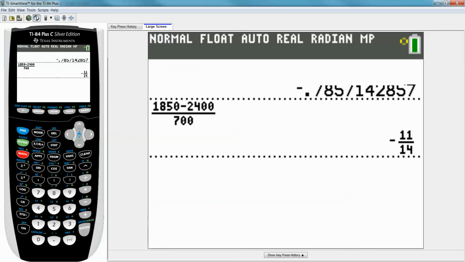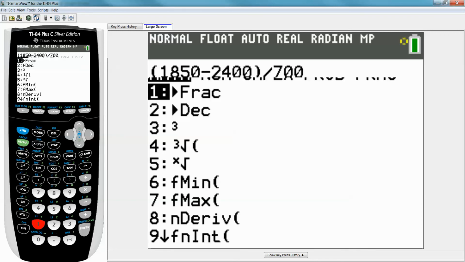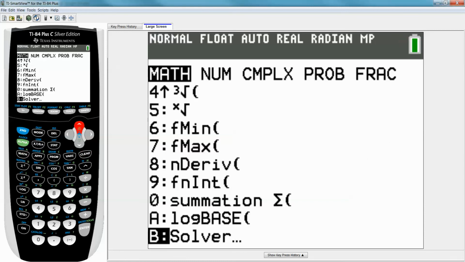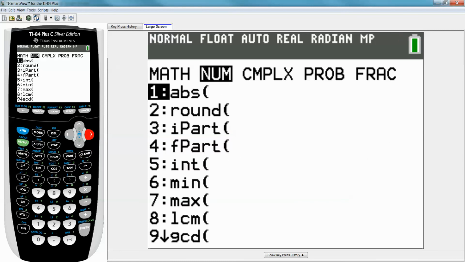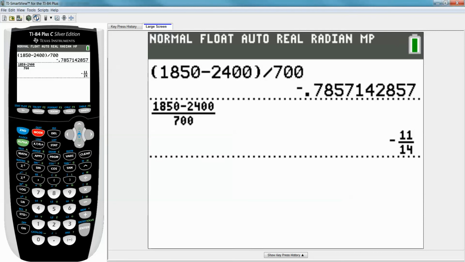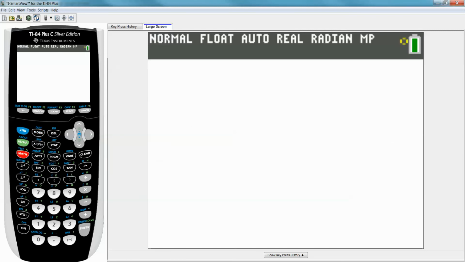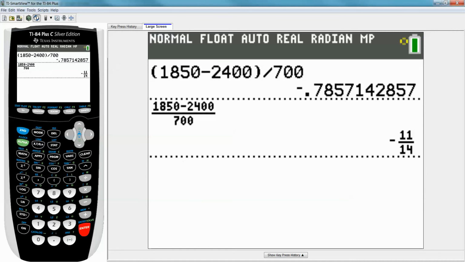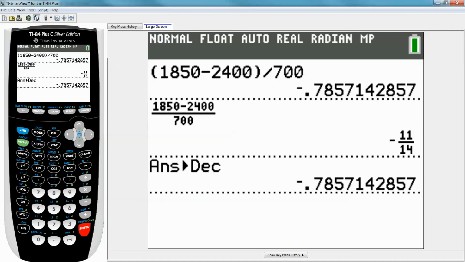Or you could go to the math menu, NUM, at the bottom, N over D. That's giving you a fraction. Of course, you don't really want a fraction, so you press math, number 2, decimal, and convert that into a decimal for yourself.